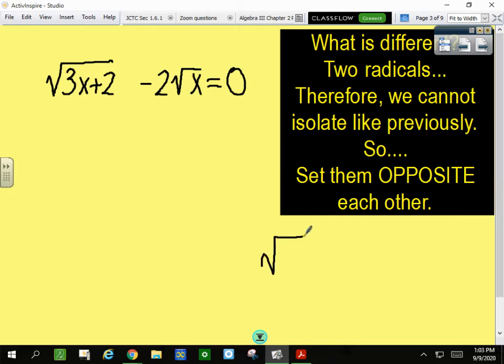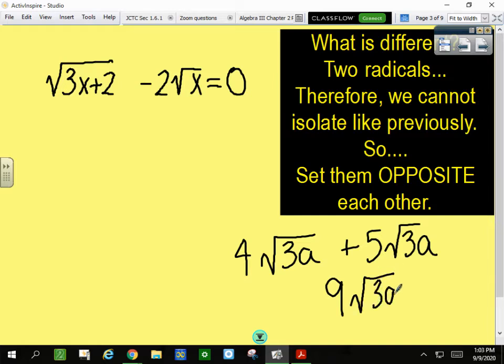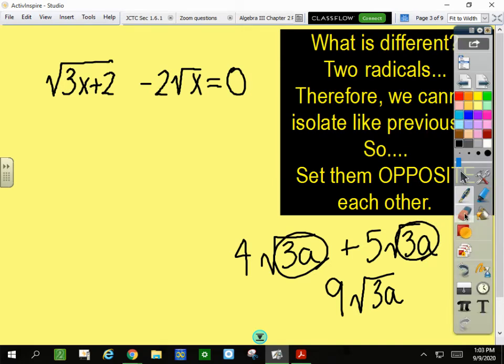If you remember from Algebra 1, I guess, you can only add and subtract radicals if what is underneath is exactly the same. So like these, you could add together and say, well, that's 9 radical 3a. But the radicand, that's the 3a, has to be identical in order to combine radicals.